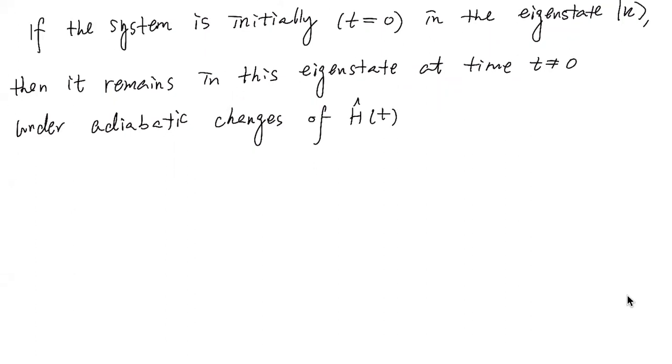The Hamiltonian is changing, so it's actually a time-dependent Hamiltonian. But if we consider an adiabatic change of H, then the system remains in its original eigenstate at t equal to 0 at other times t.